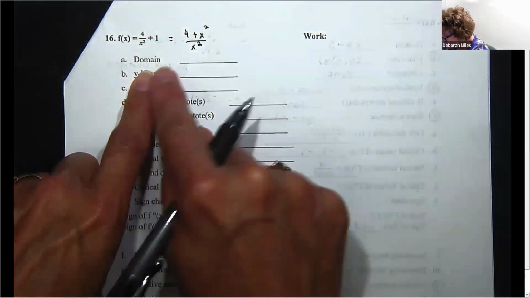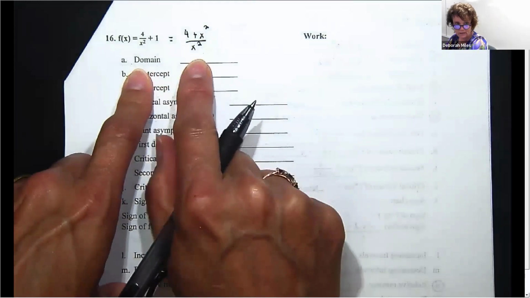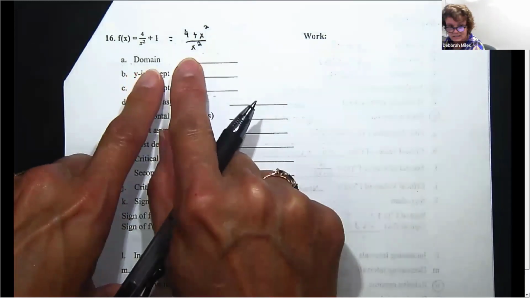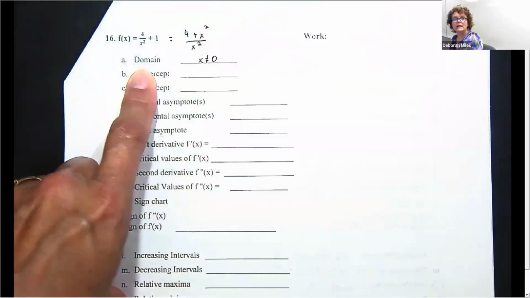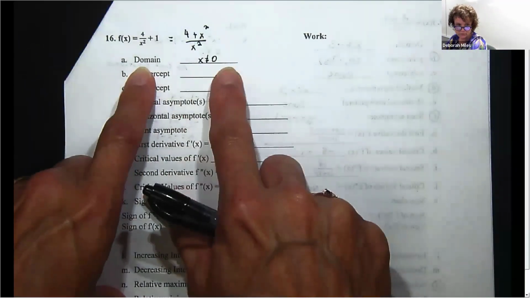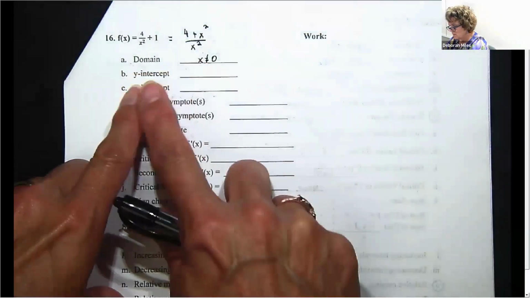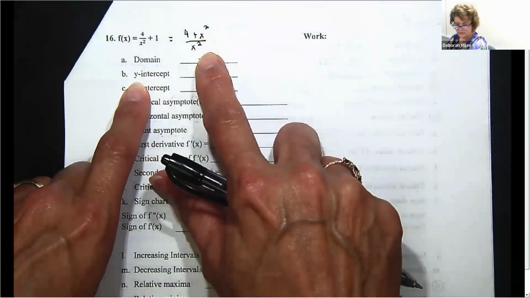So the domain of that function is all the values for which the function's defined. That's everything except for what makes that denominator equal 0, and that would be x is 0. The domain is everything but 0. The y-intercept. What do you know about the y-intercept?